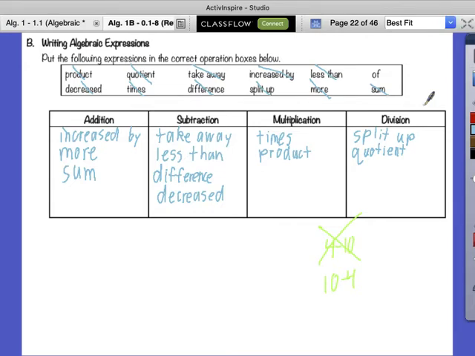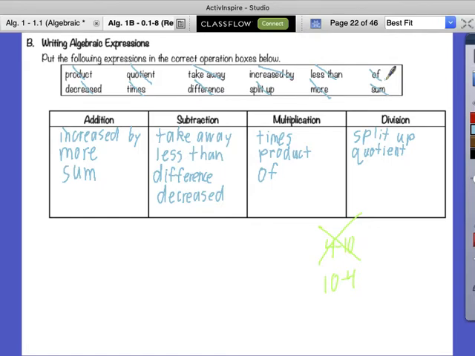I have 2 groups of 3 students. How many students do I have? 6. How'd you get there? Multiplied. So of is multiplication. Very good. Of's kind of a weird one. We don't think of it often, okay? But if we have of, it means we're multiplying.